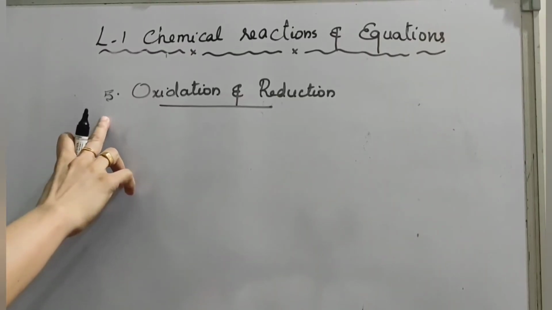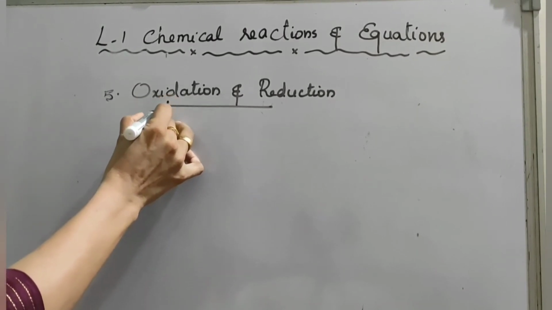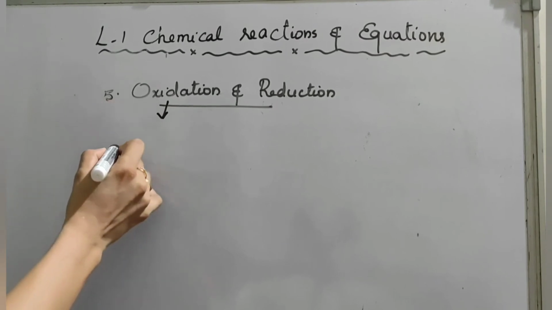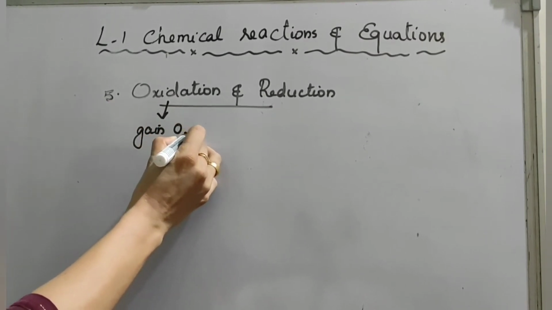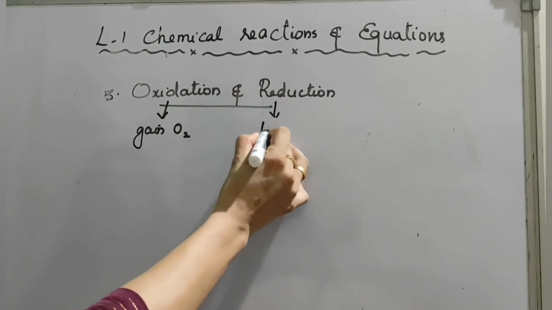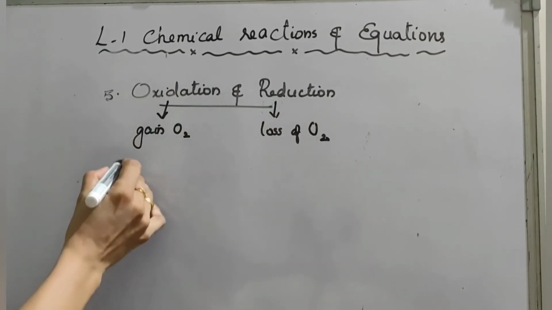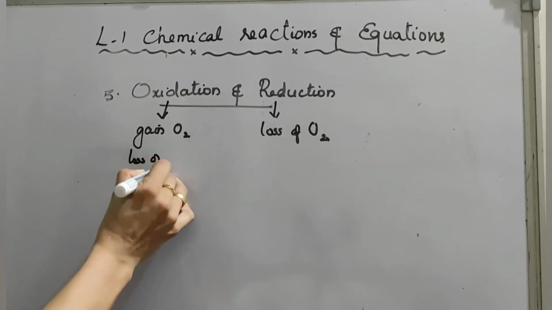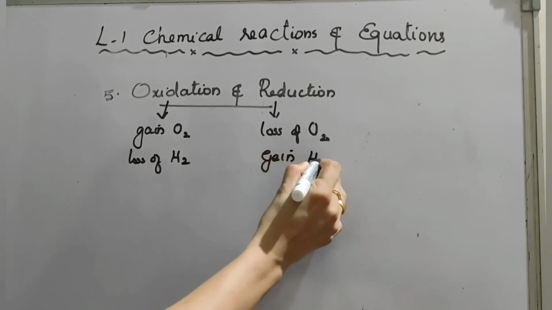The last reaction, oxidation and reduction reaction. How can you define oxidation? Oxidation means gaining of oxygen. Gaining of oxygen is known as oxidation, and reduction means just the opposite, loss of oxygen. And one more definition is there: loss of hydrogen is known as oxidation, and gain of hydrogen is known as reduction.